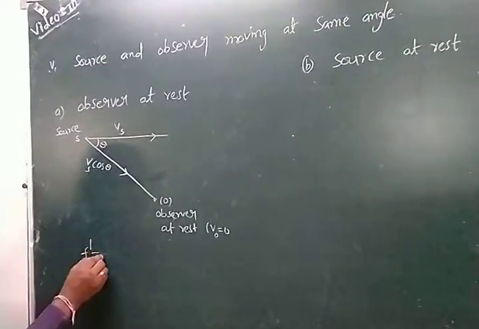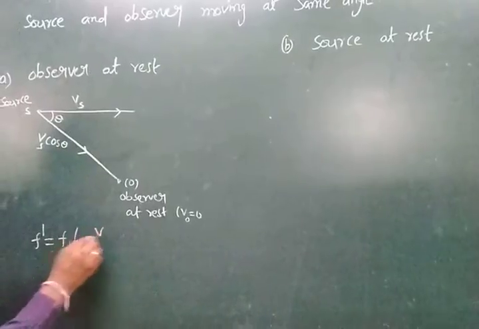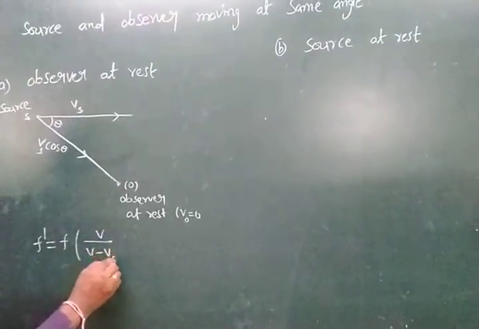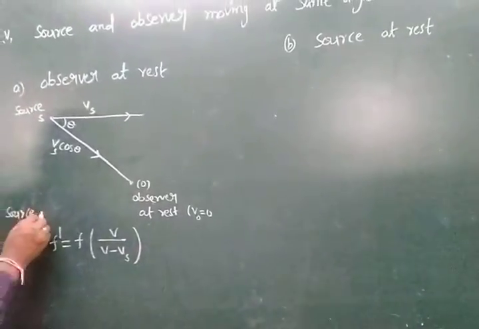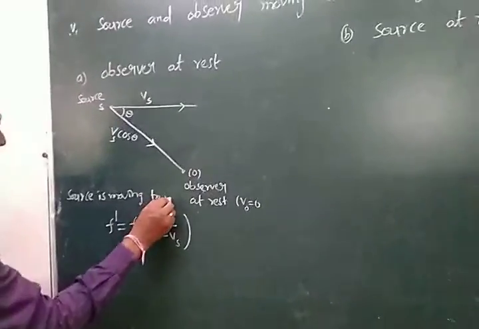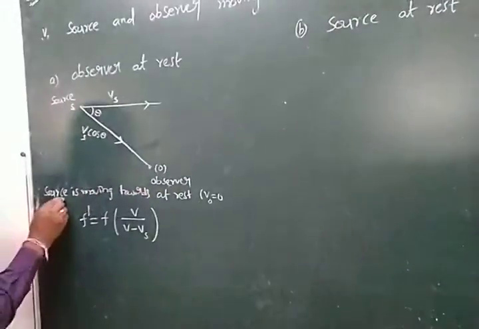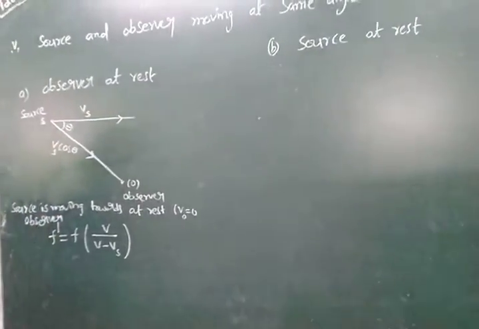F dash is equal to F into V by V minus Vs, when the source is moving towards the observer. What is the formula?